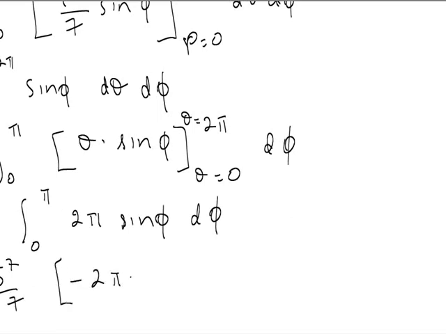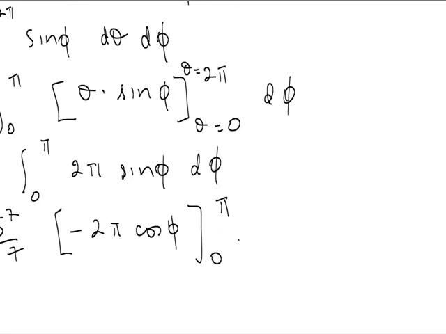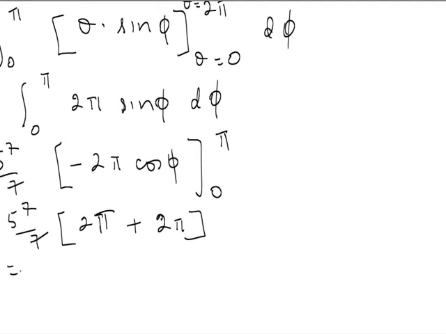This is minus 2 pi cosine phi from 0 to pi, which is 5 to the 7th over 7 times, okay, what do we have here? Cosine pi is -1, so that's 2 pi, minus, so that's a plus 2 pi again, which is 4 pi. So that is 5 to the 7th over 7 times 4 pi.